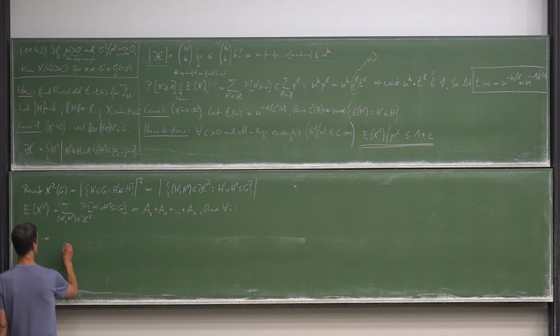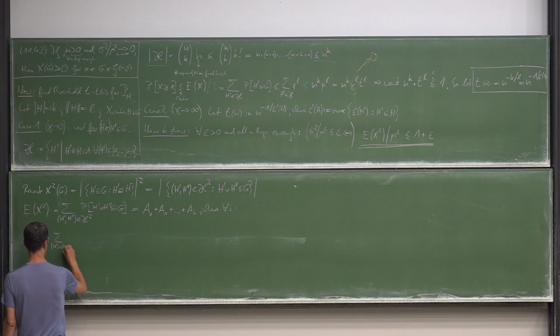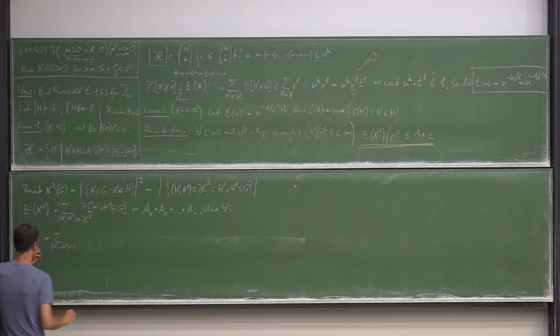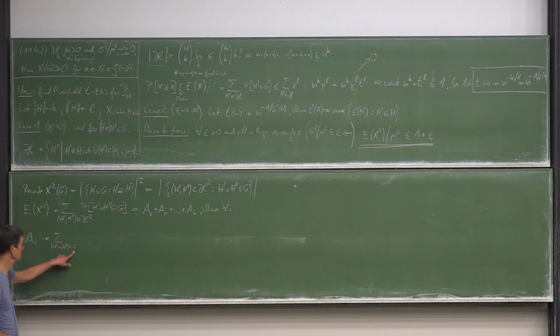So sum over those pairs H and H prime that meet in exactly I vertices.